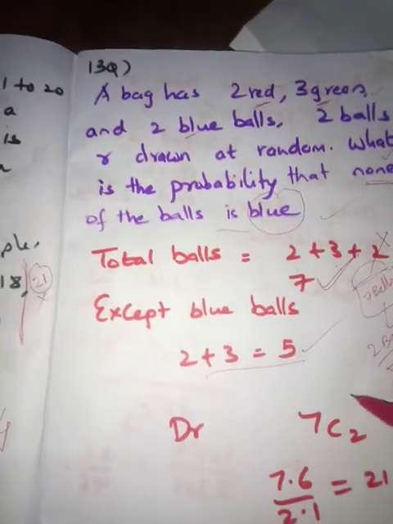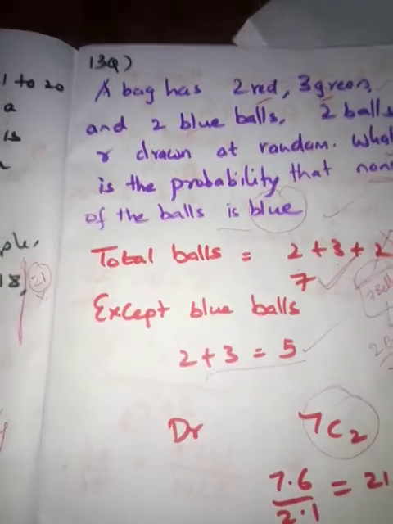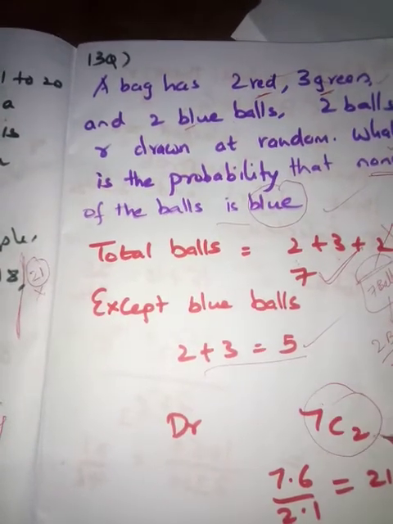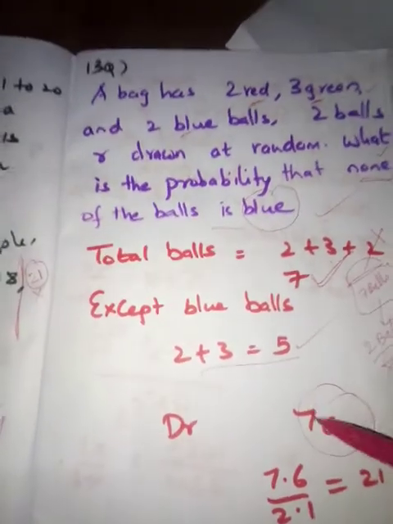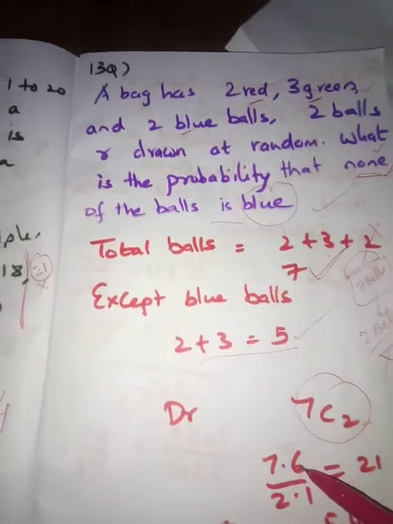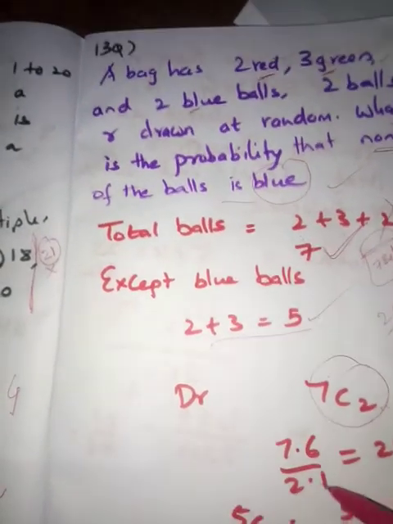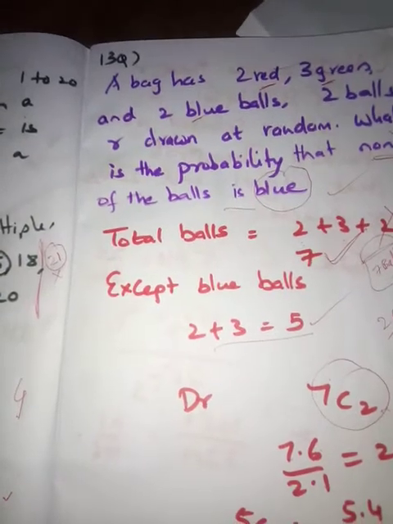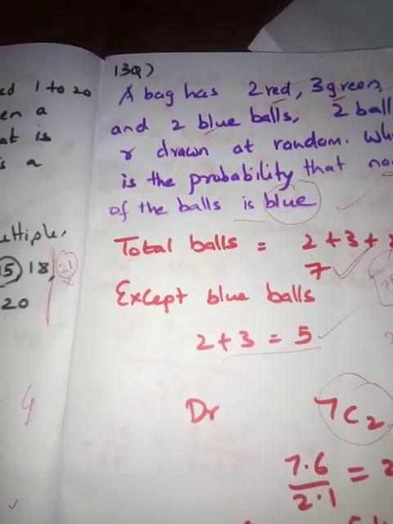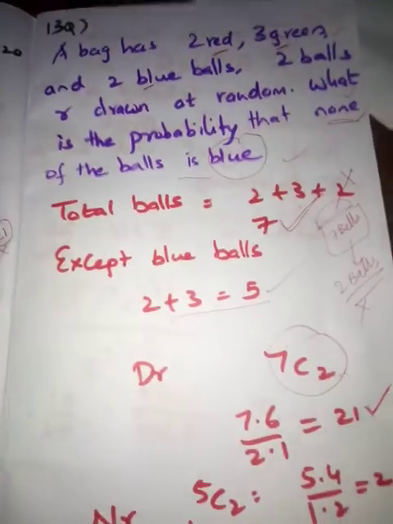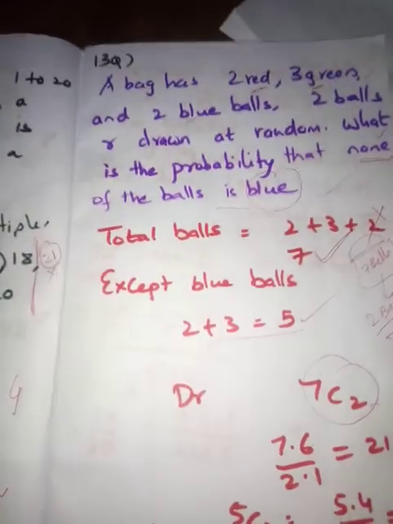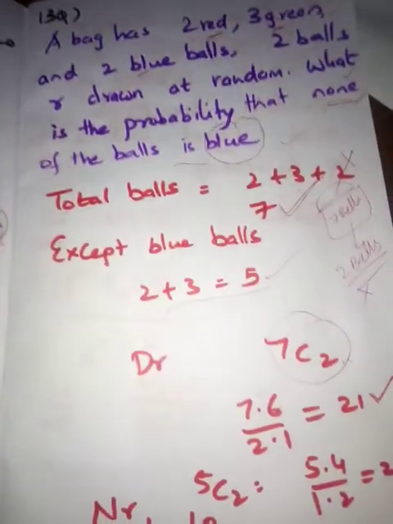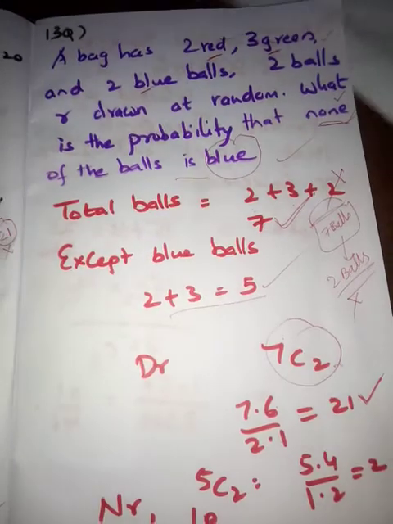Now in the denominator, there are totally 7 balls. In these 7 balls, we are taking 2 balls. So 7C2 is 7 into 6 by 2 into 1, that is 21. Total there are 21 outcomes. In this we are going to take only 5, because we are excluding the blue.